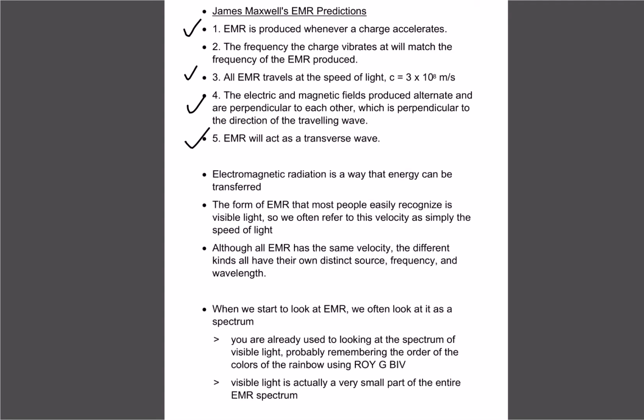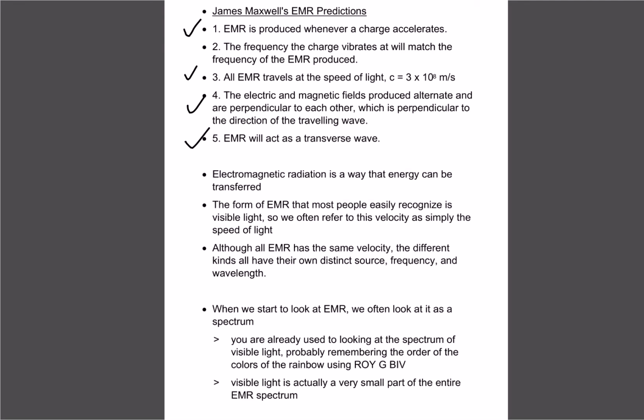Because electromagnetic radiation can be a transfer of energy, we have to think of anything that transfers energy typically as an EMR wave. In terms of using your remote control, that's EMR radiation. Even though visible light is our most common one, because we can see it, there are all other types that have different frequencies and different wavelengths.